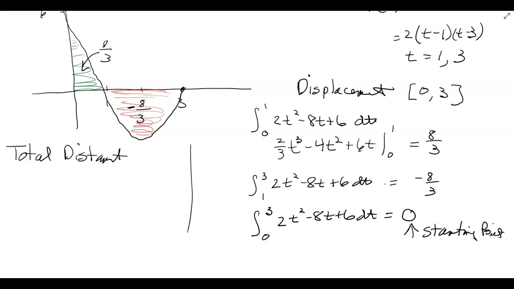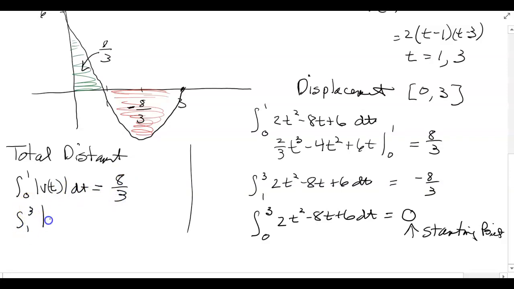So essentially, you would have to integrate from 0 to 1, absolute value V(t), which is positive 8/3, and then from 1 to 3, the absolute value of V(t), which is the absolute value of negative 8/3. And the total distance traveled would end up being 16/3.